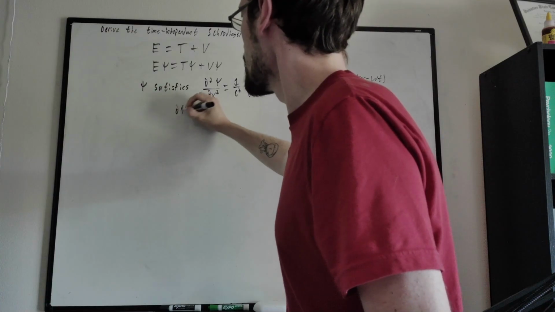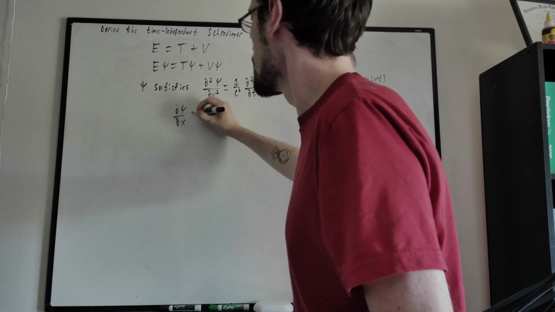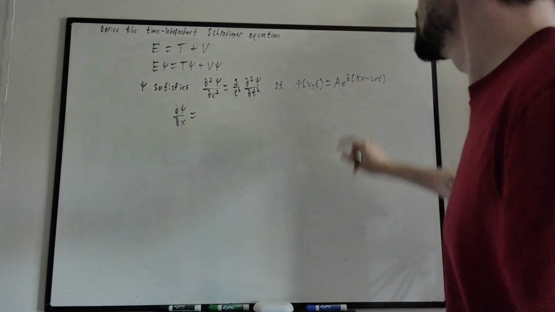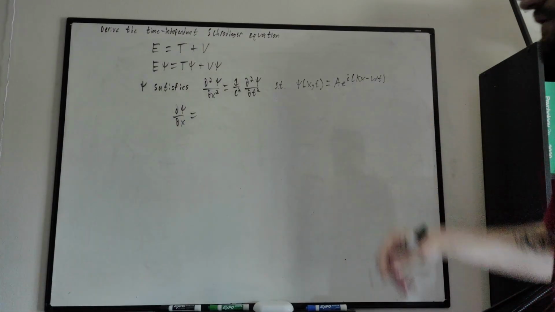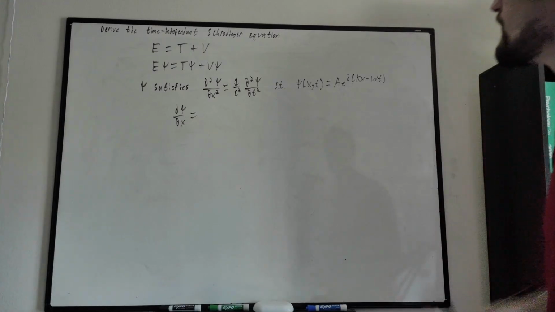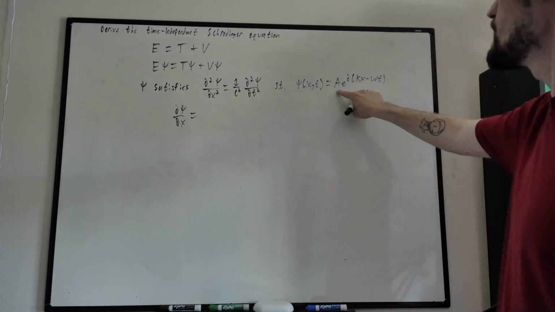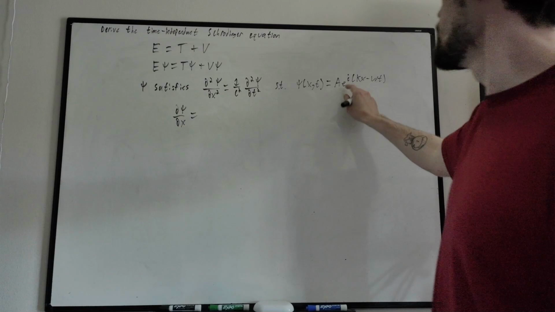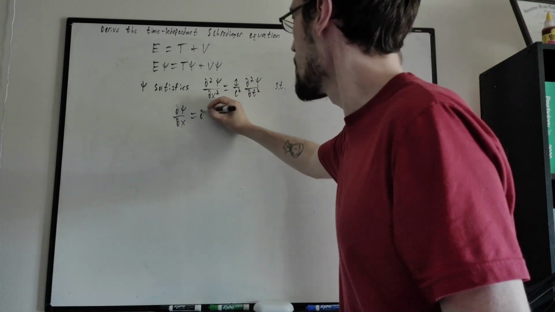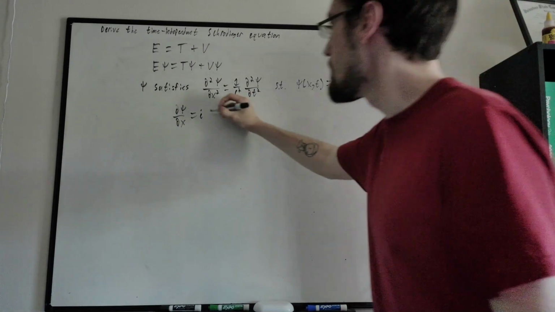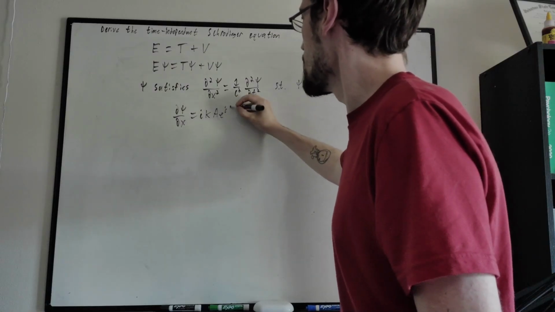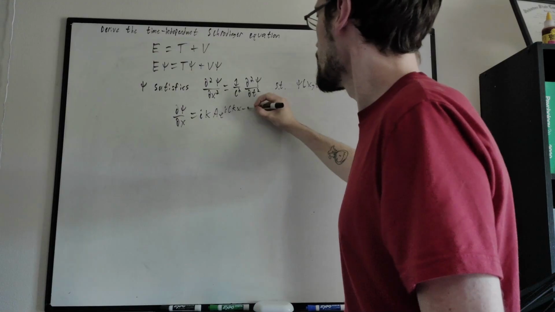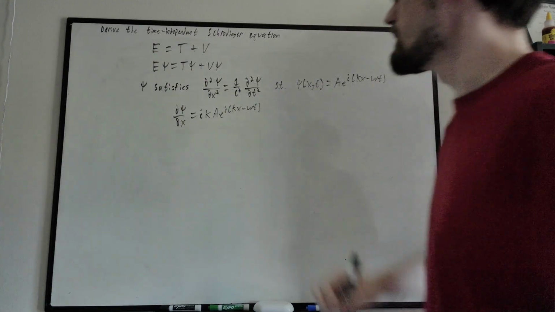So the first derivative of psi in respect to x, the partial derivative here. So we're only interested in variable x, where t is held constant, and the derivative of a constant goes to 0. So we're only worried about kx here with our exponential. So we pull down a factor of i and k and multiply that into A times e to the i (kx minus omega t). That's our first derivative.